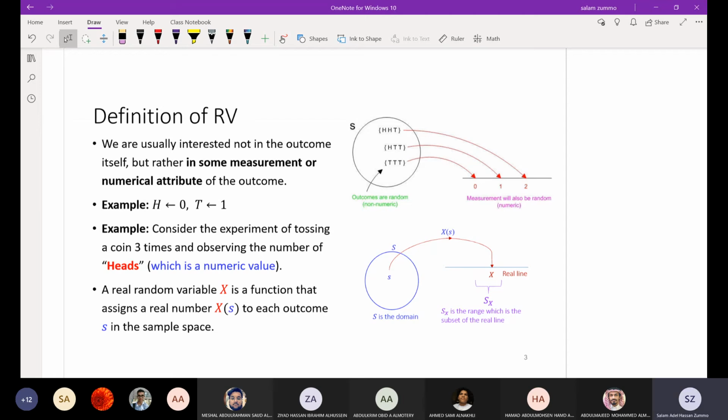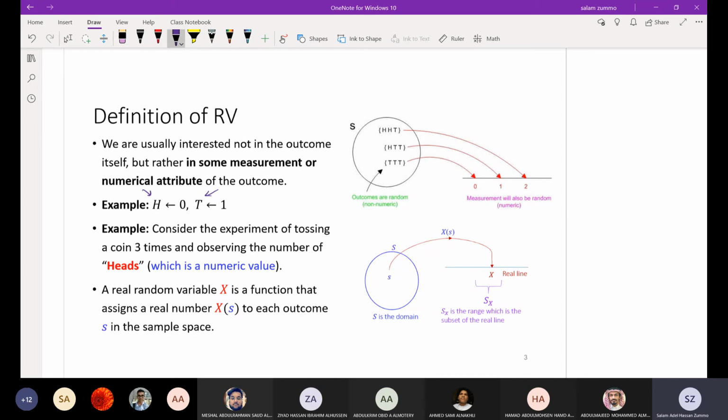So for example, when you have this head and tail, you might not be interested really in having head and tail per se. You are interested in basically allocating numbers, for example, losses and gains if you get head or tail.